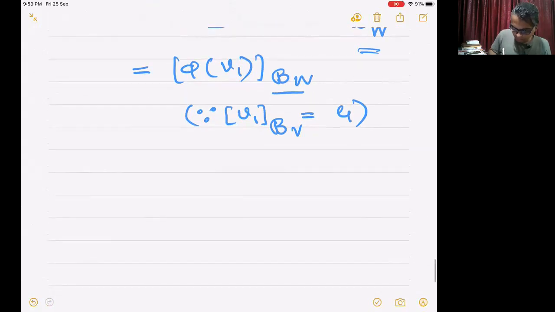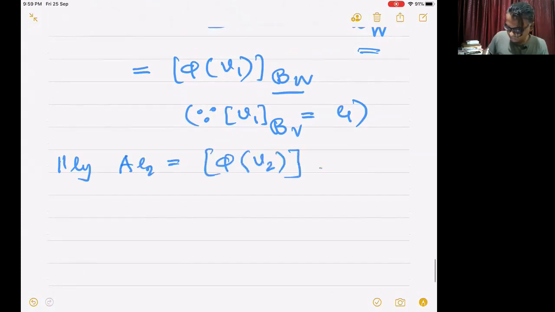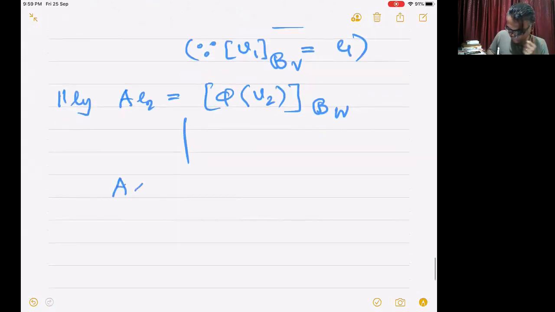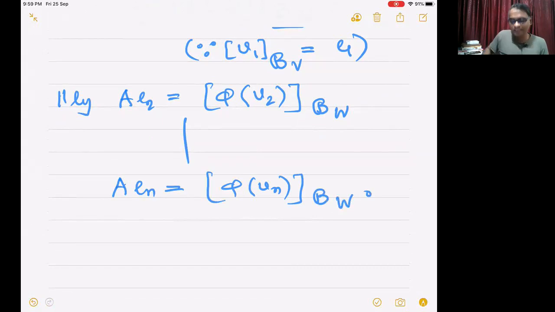So similarly, AE2 will be phi acting on V2 and its representation in BW, and so on up to AEN, phi VN in BW. That's it. So that's the matrix.